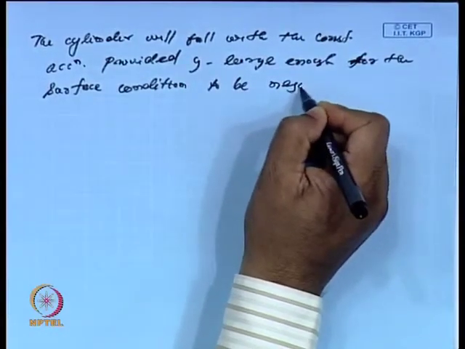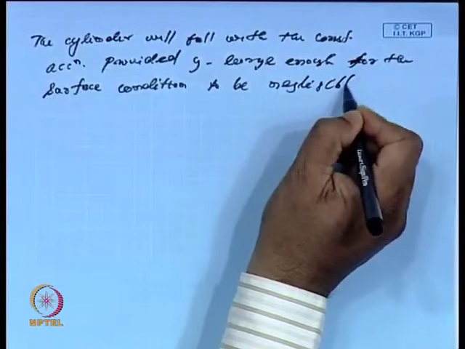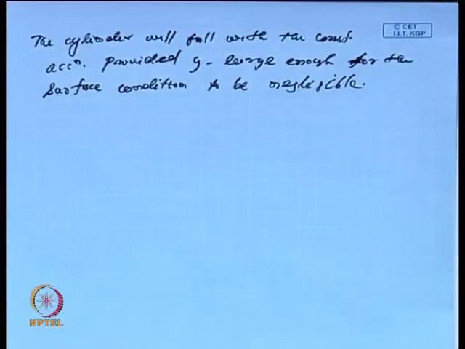In that case, because y is so large, the condition on the surface of the cylinder can be easily neglected. If we neglect the surface condition, then the equation is d square y by dt square is sigma minus rho over sigma plus rho into g.